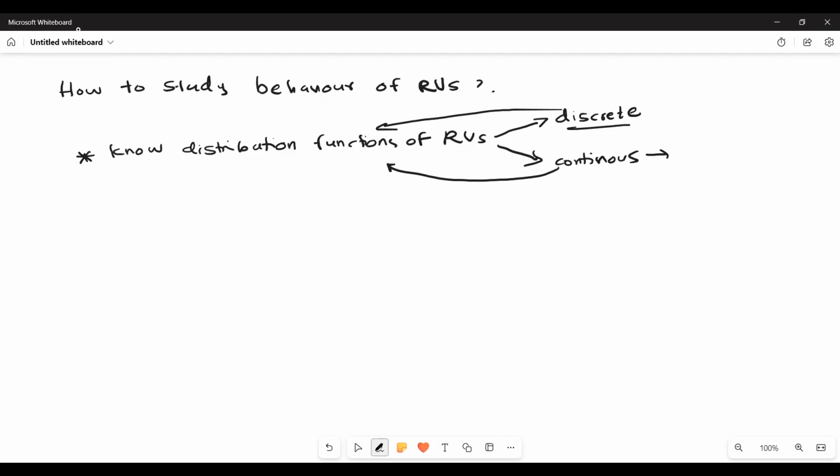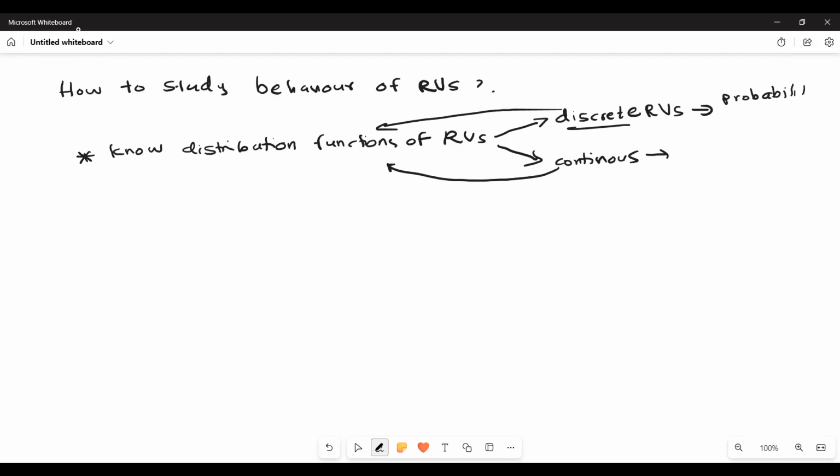Discrete random variables have probability distribution functions, which we call probability mass functions.